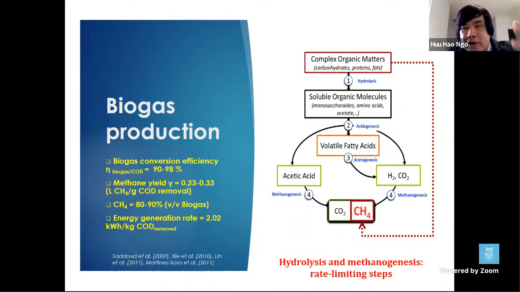In the conversion pathway, we go to the first stage, which is hydrolysis, where complex organic matter becomes soluble organic molecules. Then the second stage converts to volatile fatty acids. Then the volatile fatty acids convert to hydrogen, carbon dioxide or acetic acid.